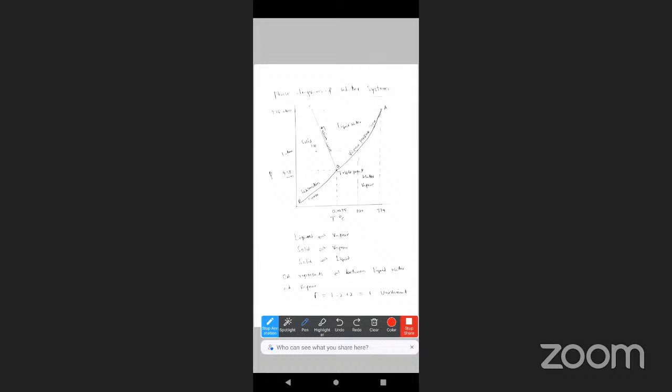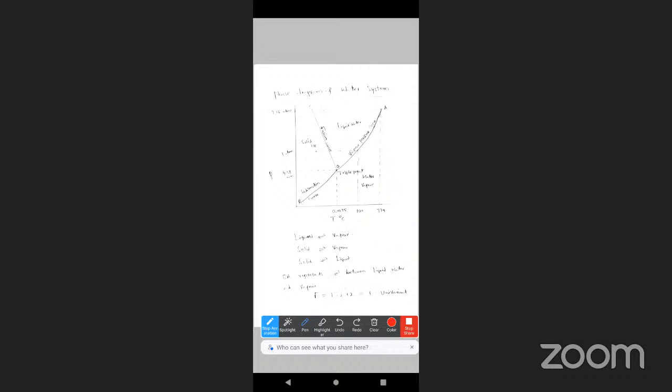Now, as I said, OA represents the equilibrium between liquid water and vapor. For this equilibrium, the component is one, two phases, hence we'll get F equal to 1. So for this liquid and vapor, F equal to 1. That is univariant.